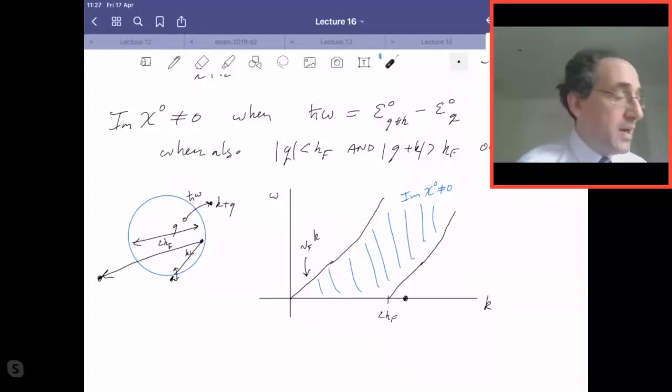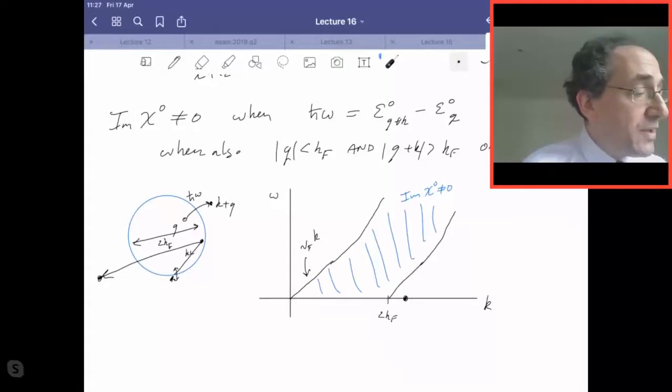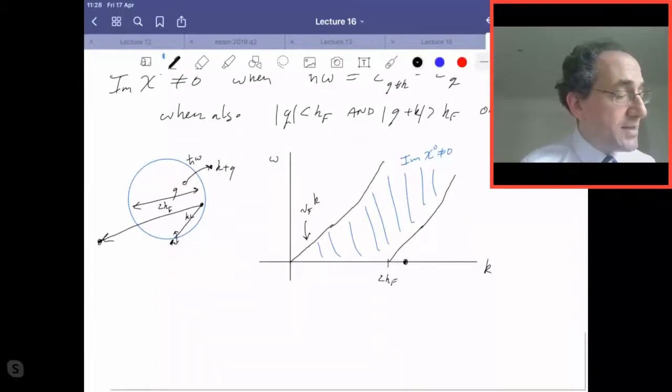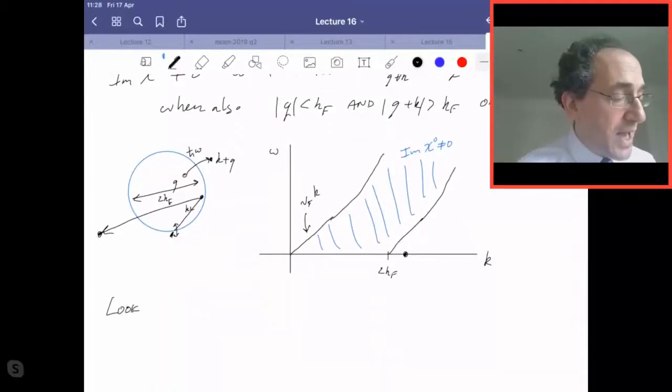Okay. It's also worth looking at why is it that above some finite line here with velocity of the Fermi velocity, if you're at a frequency higher than this, you can't make any excitation. So let's look at small k.